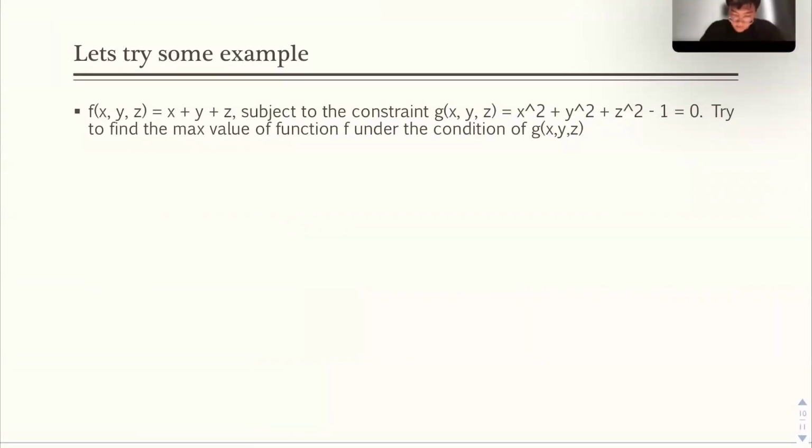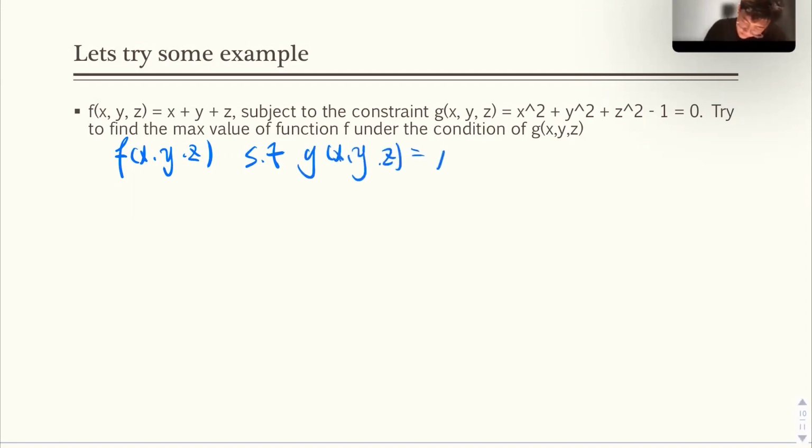Let's do the setup first. Here we are trying to maximize f of x, y, z, subject to g of x, y, z, where x squared plus y squared plus z squared equals 1.